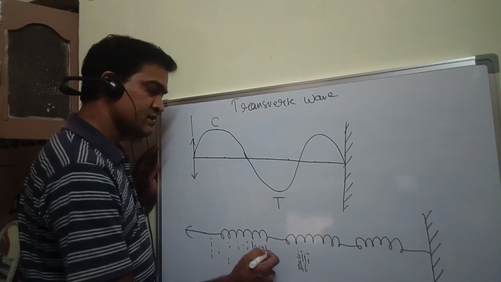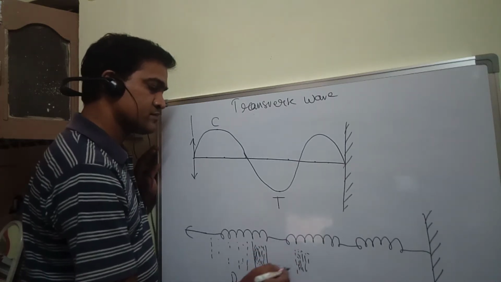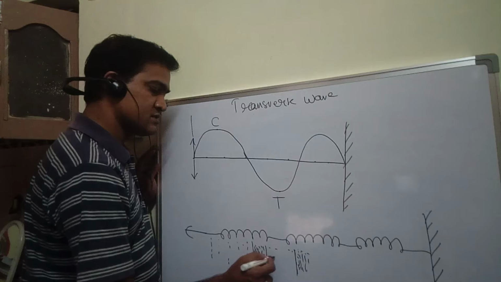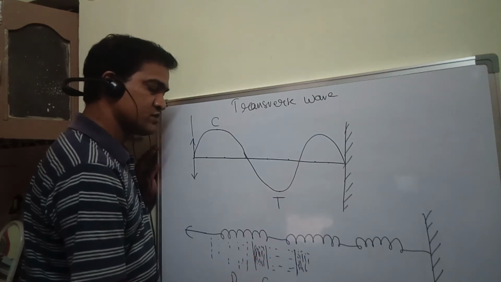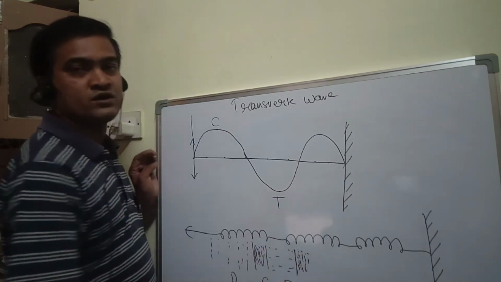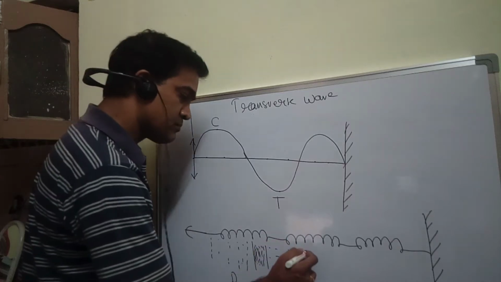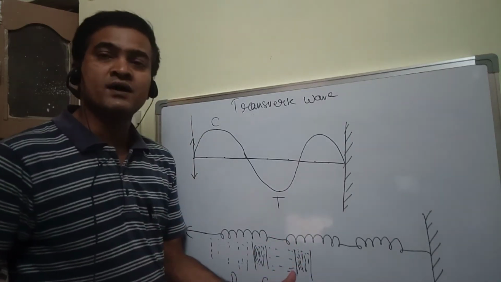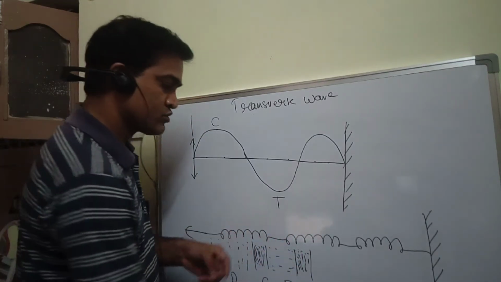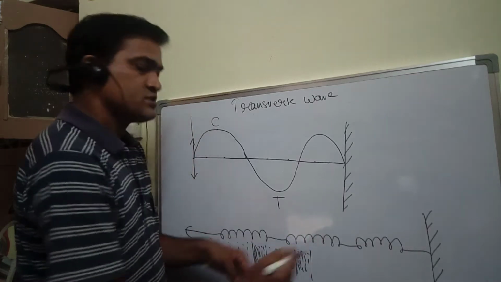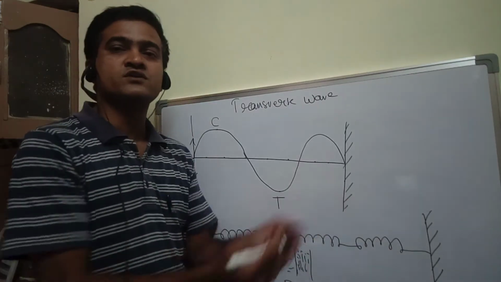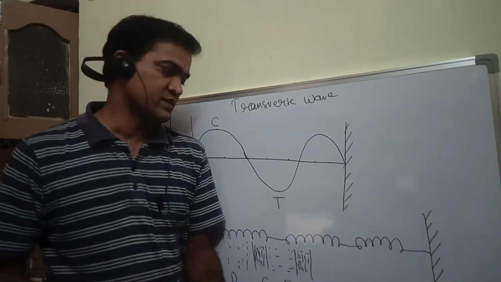Again you find rarefaction in this region, where particles are far away from each other. This portion I call rarefaction, and the region where the particles come closer is called compression. So this process continues till the end of the springs.